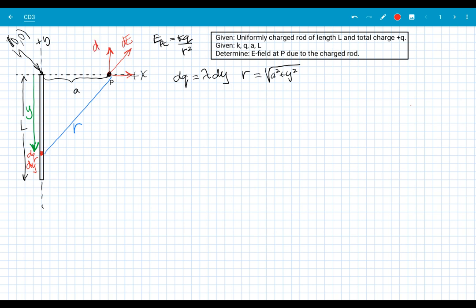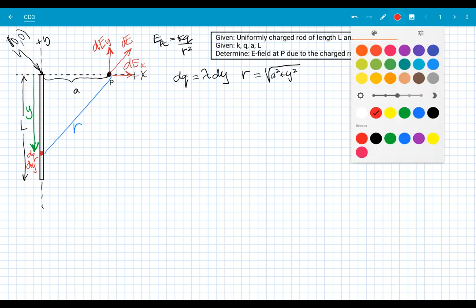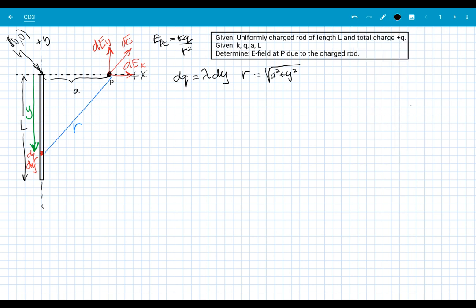So this I can label as dEy, and this down here is, of course, dEx, my x component. I'm going to label an angle in here so I can express these vectors. I'm going to call this angle phi, and that's the same as this angle down there.